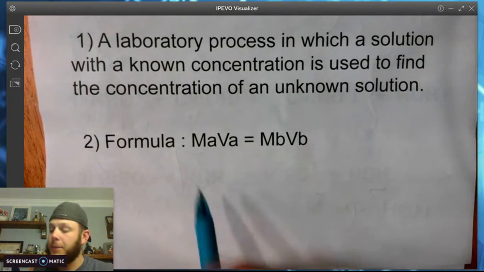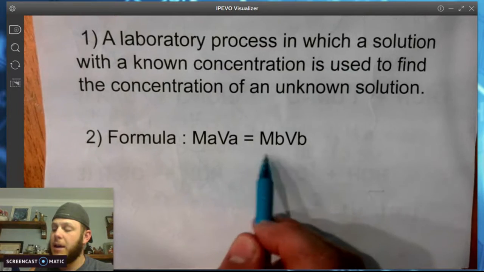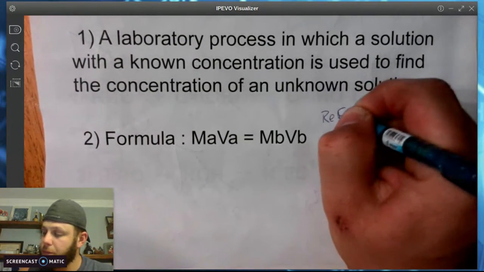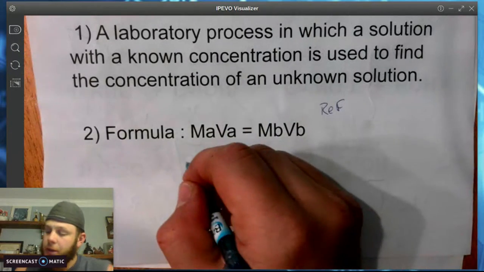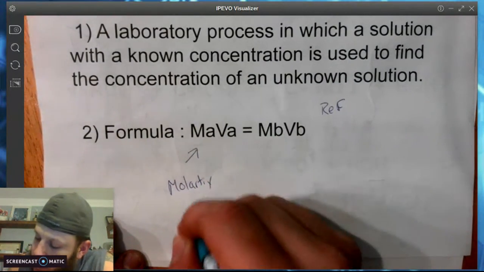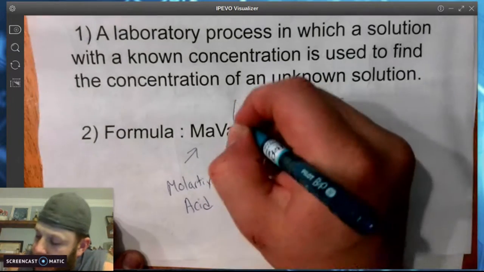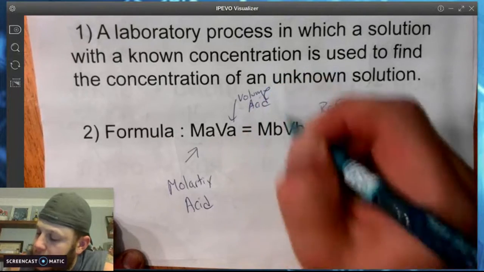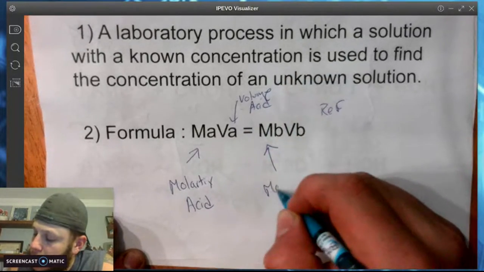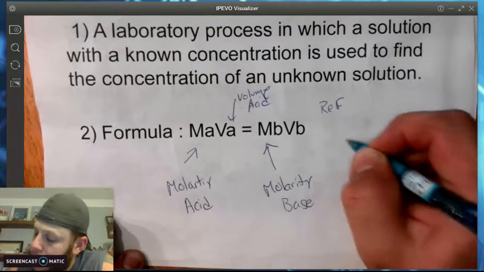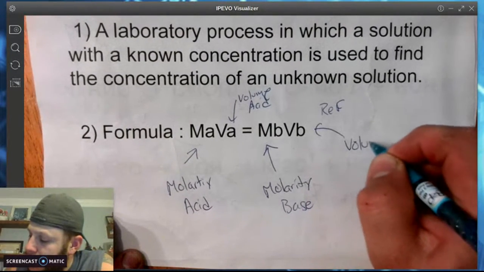So this formula, MAVA, is found in your reference table. It stands for the molarity of the acid times the volume of the acid equals the molarity of the base times the volume of the base.